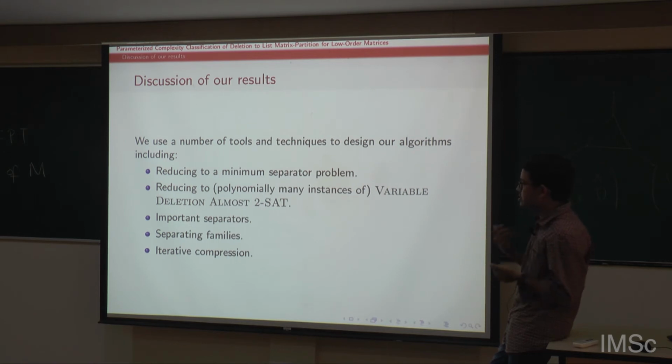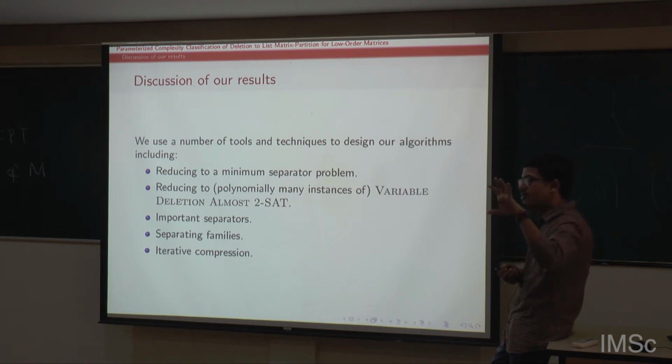Then there is something called important separators that we use. We will come to that in a minute. And then there is something called separating families. And those of you who have seen an FPT algorithm for split vertex deletion using separating families would recognize this object. So it's basically a collection of vertex subsets, usually of n power log n size, with the following property.